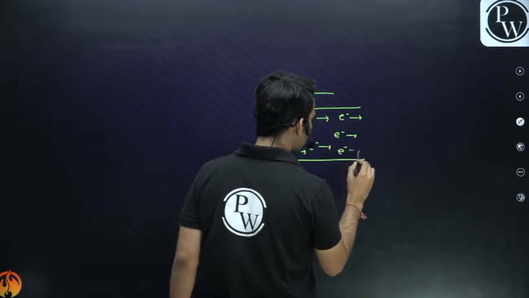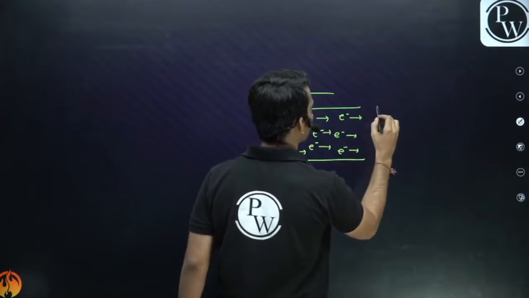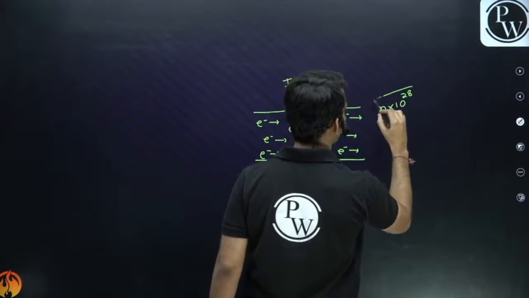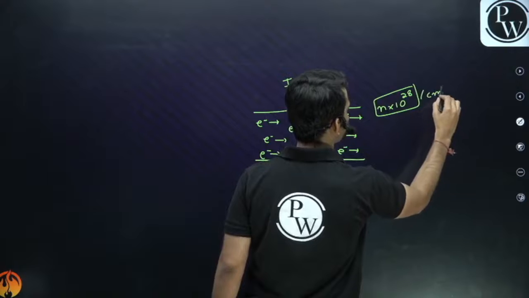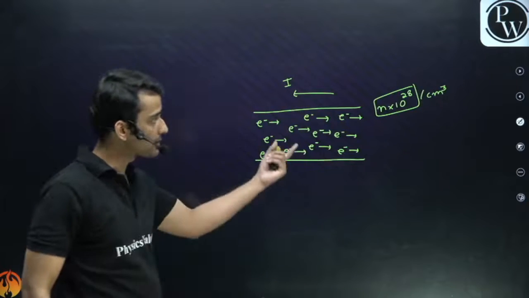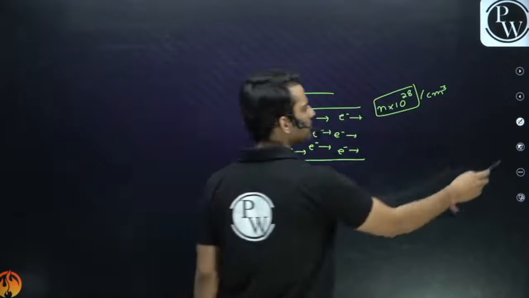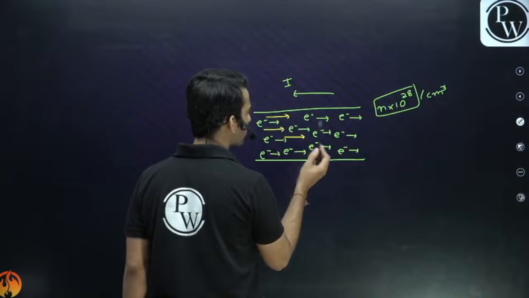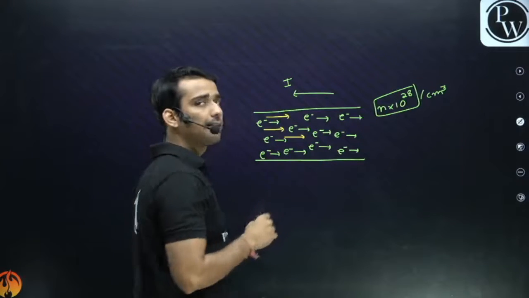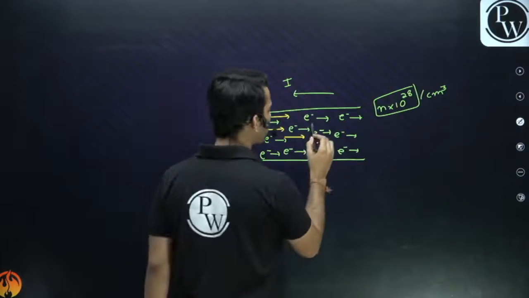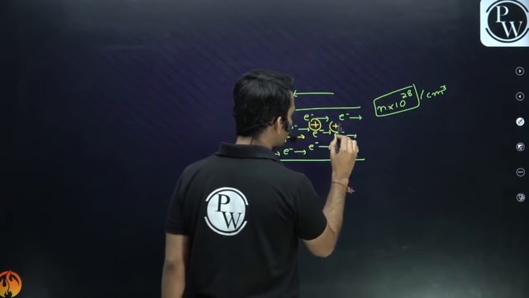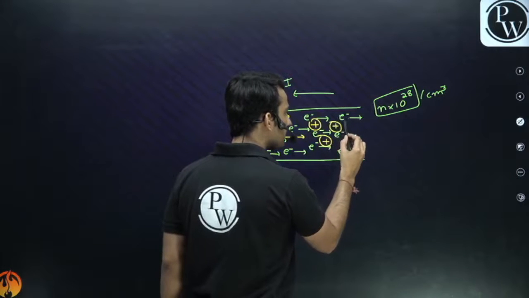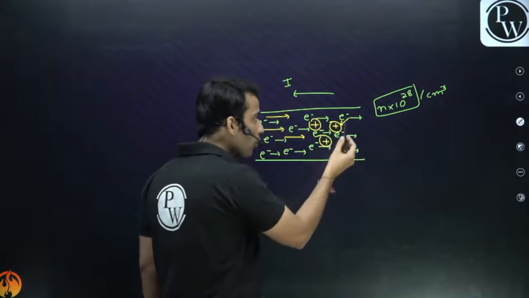So guys, a wire has many electrons, of the order of 10 raised to the power 28 per centimeter cube. Don't you think so? When so many electrons are flowing through a small wire, don't you think they will collide with each other? They will collide with the positive ions here. Suppose this electron, this positive ion will oppose this electron.